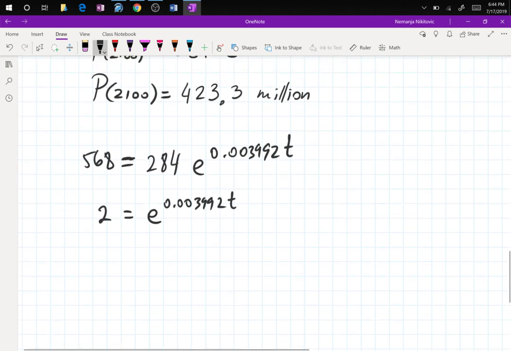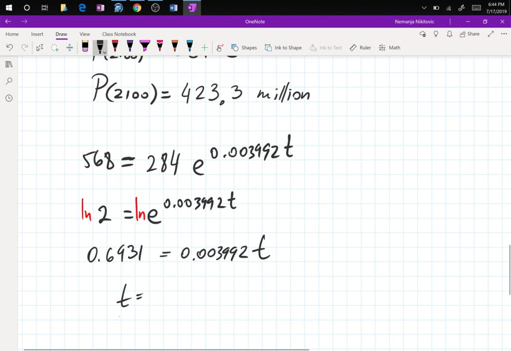So now all you need to do is ln both sides, and you have your answer quickly. So you calculate ln of 2, and then you divide ln of 2 by this decimal. So ln of 2, 0.6931, is equal to 0.003992 t, and then t is equal to, divide by 0.003992, 173.6.